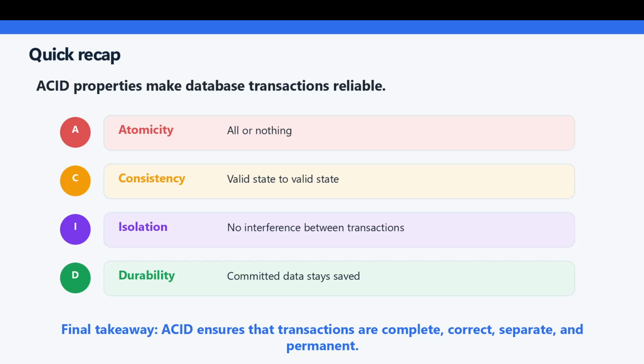All the rules, constraints, and relationships must remain correct. I stands for isolation. Isolation means that simultaneous transactions should not interfere with one another. Other transactions should not see the incomplete changes of an ongoing transaction.